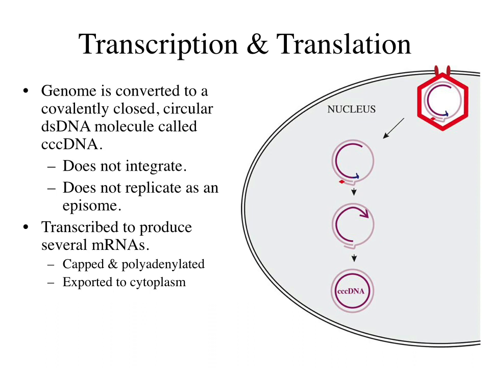The episomal cccDNA persists in the nucleus as a mini chromosome and is transcribed by cellular RNA polymerase II into the pregenomic RNA, or pgRNA, and the viral subgenomic, or SG, messenger RNAs. The viral RNA species are next exported to the cytoplasm, where viral protein synthesis takes place.